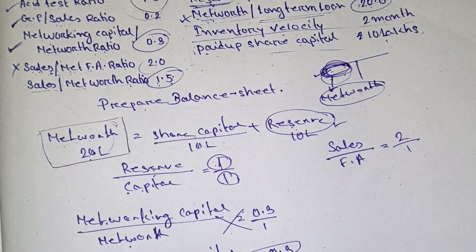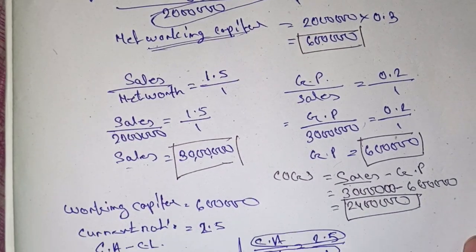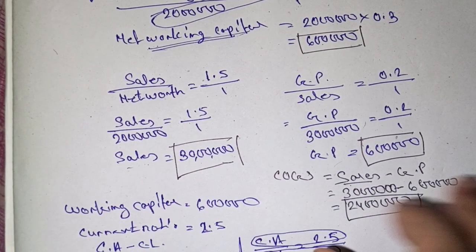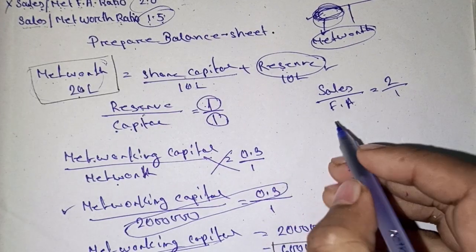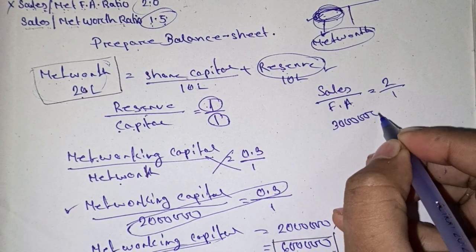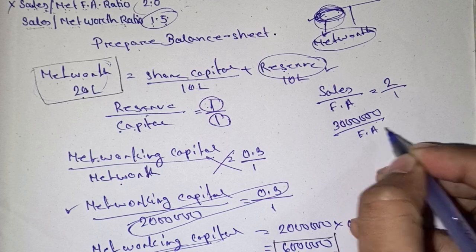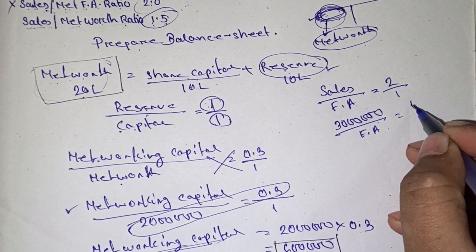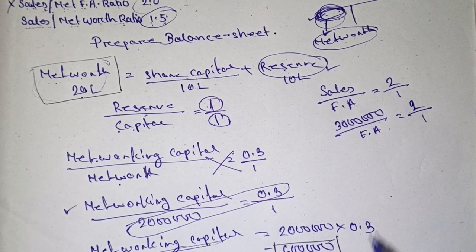Sales we have already found, sales is 30 lakhs, and fixed asset is missing, so we have to find our fixed asset.